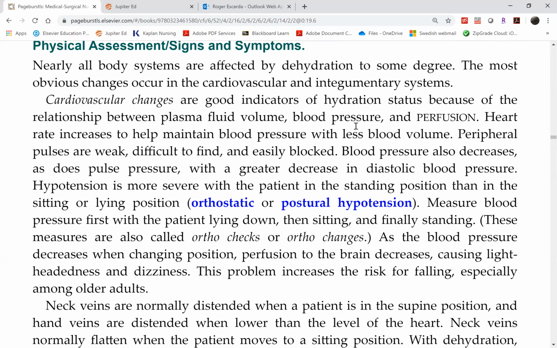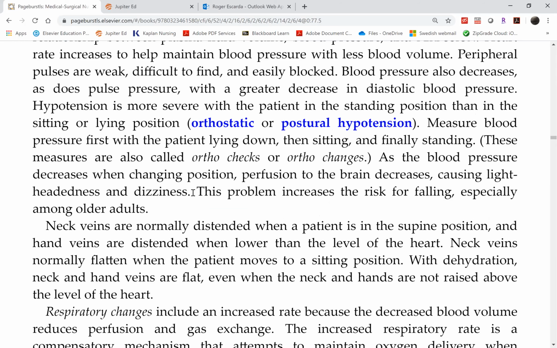And remember hypotension, there is such a thing called postural hypotension. So there will be some dizziness or even syncope, right? When changing positions from lying to sitting or from sitting to standing. Did I say that right? No, lying down to standing or from sitting to standing. Okay, so you get what I mean. So that's an indication right there of fluid deficit.